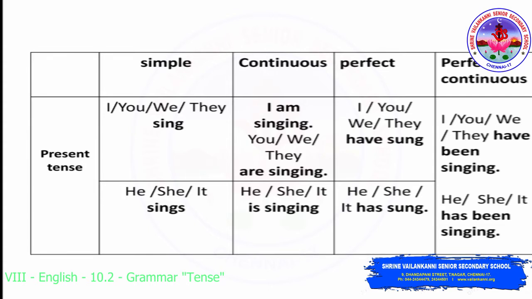Okay, now let's talk about simple present tense and present continuous tense. What is the difference? If I say "I sing," and in continuous tense I say "I'm singing," what is the big difference here? If I say "I'm working," it is something which is happening now. I'm singing right now, they are singing right now, or I'm working right now.